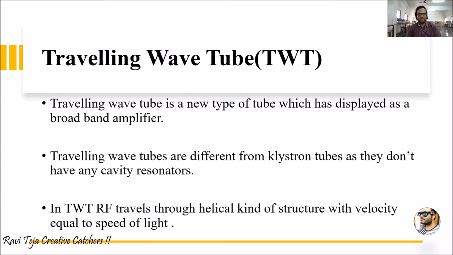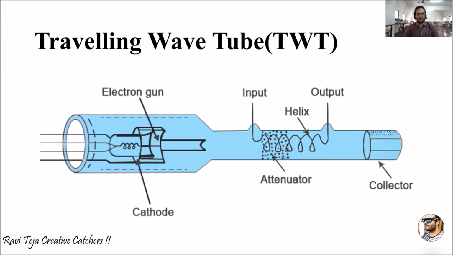So let's see what the traveling wave tube is and how it looks, and how the process of amplification of the signal is done. This is a simple block diagram of a traveling wave tube where you can see a cylindrical structure. Let's see one by one how it works and what parts are included.